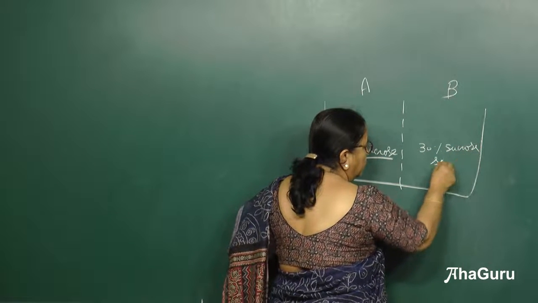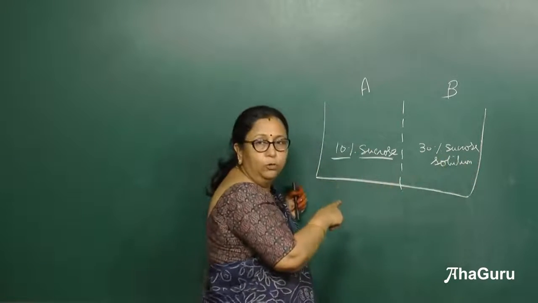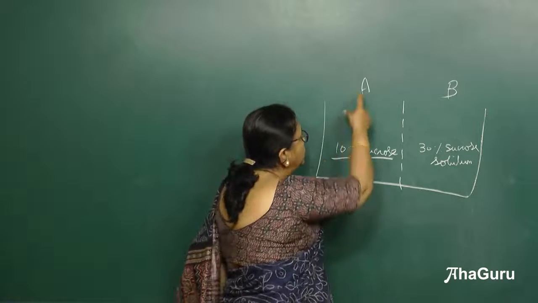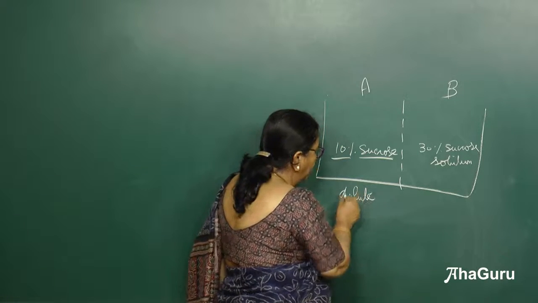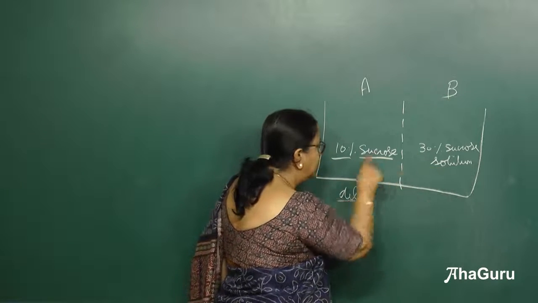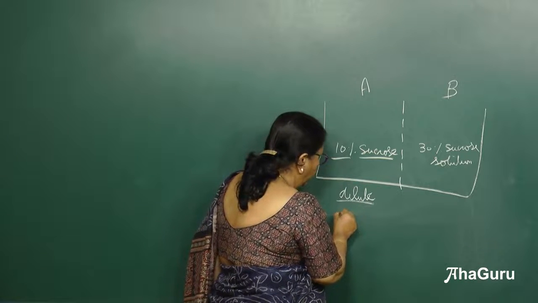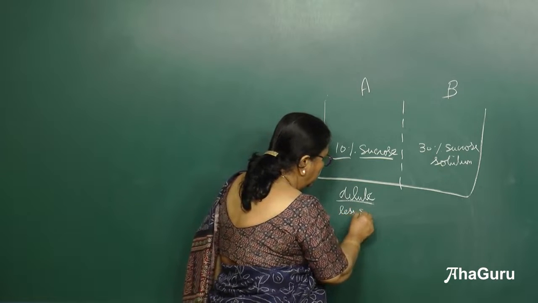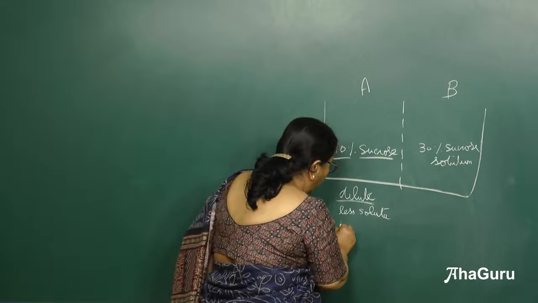If you look at this, the dilute solution is in A. Why do you call it dilute? Because compared to B, it has less solute, only 10 grams, and more water.